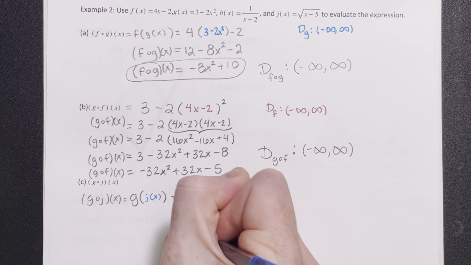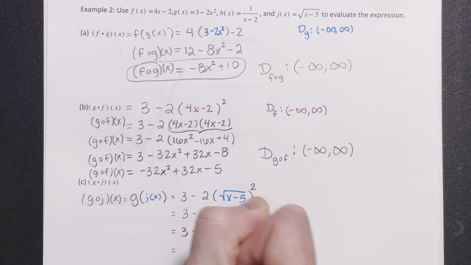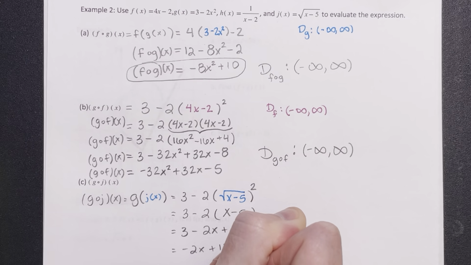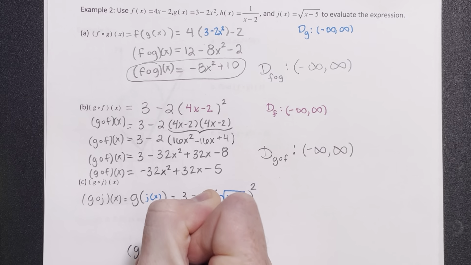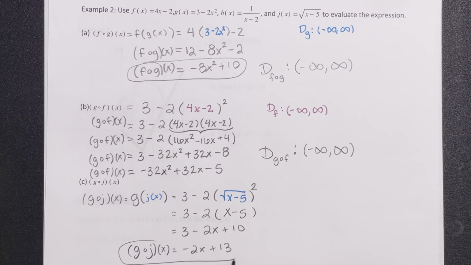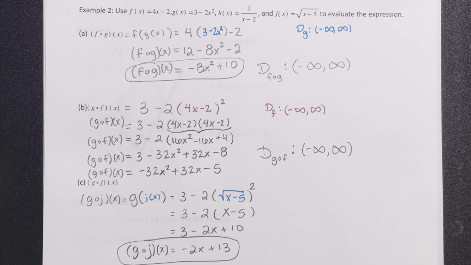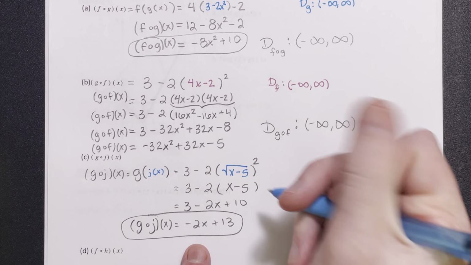So that we can distribute our 2 and simplify that to negative 2x plus 13. g of j of x ends up as just negative 2x plus 13. If we only look at the final function, it looks like there were no domain issues the entire time.